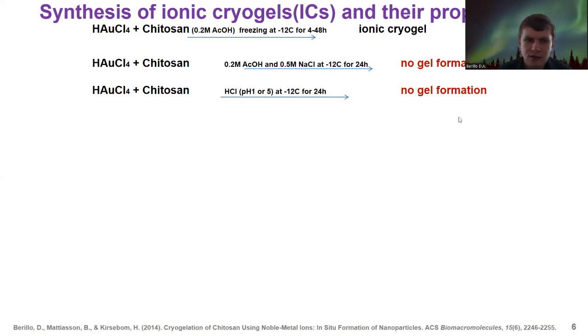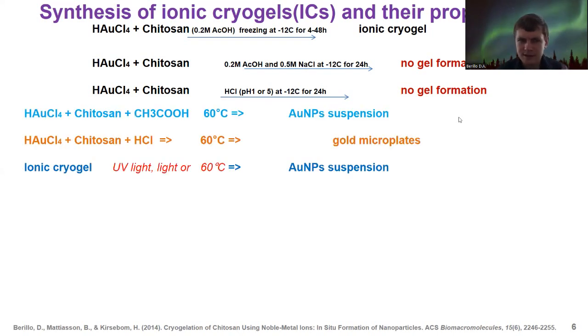And also when we used hydrochloric acid, low pH, then most of the amino groups were in a protonated state, and we didn't observe the formation of gel. This gives us, we assume, that we have not only ionic interactions but also ligand exchange, and therefore this gel is due to ionic interaction and ligand exchange.